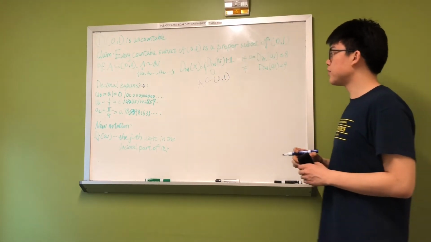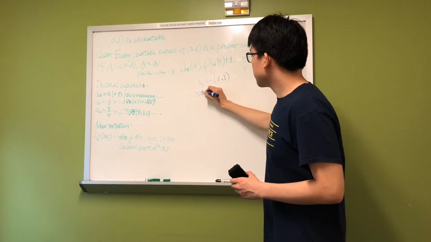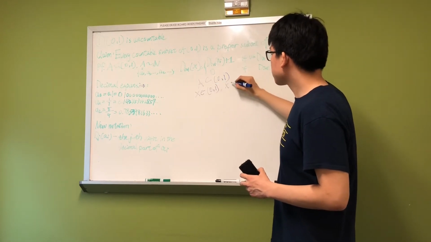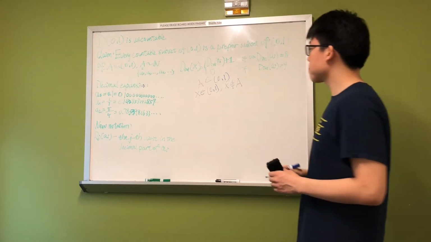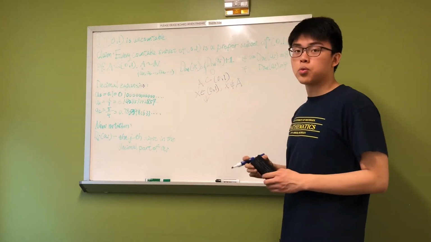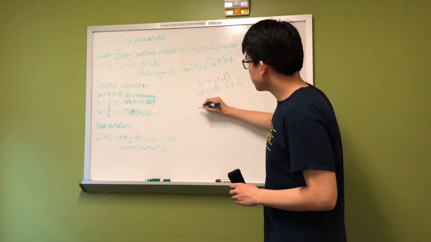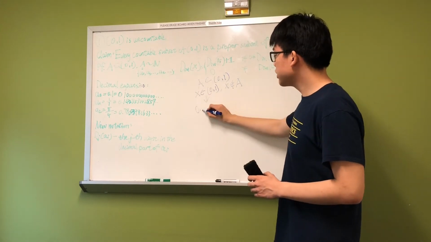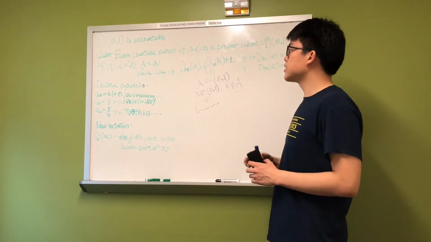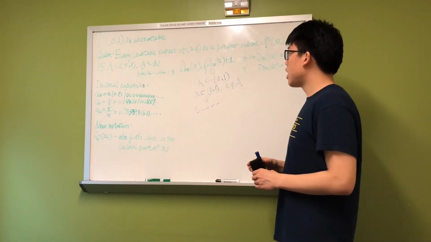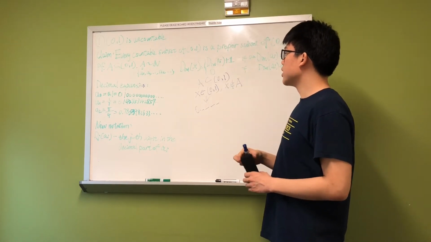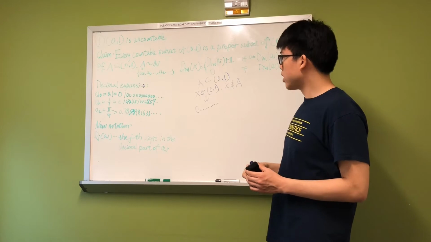To prove it, we just need to find the element x which is in the set (0, 1), but x doesn't belong to the set A. Since x is an element in the set (0, 1), its integer part should be 0, and its decimal part, I define in this way. The (i+1)th digit in the decimal part of x is equal to the (i+1)th digit in the decimal part of a_i, plus 1.